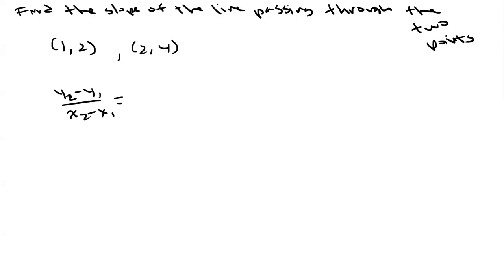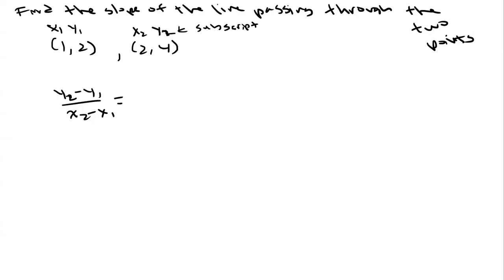In this case, you would label this x1, y1, x2, y2, and we just plug it in. So y2 means that's the second coordinate. These little numbers at the bottom are called subscripts.